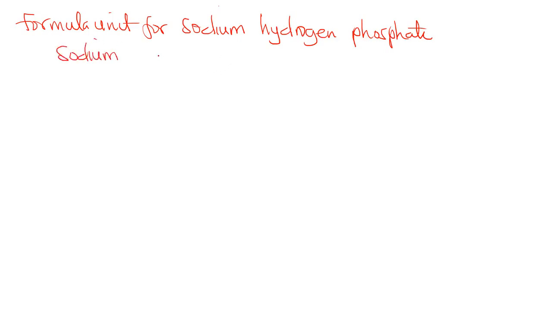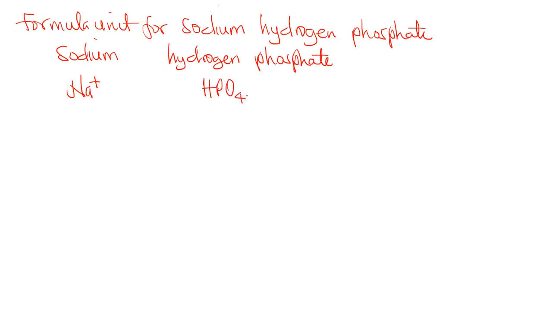First you have sodium, and then you have hydrogen phosphate. We know that sodium is always Na+. The hydrogen phosphate, from the table, is HPO4 2-. That is the hydrogen phosphate.